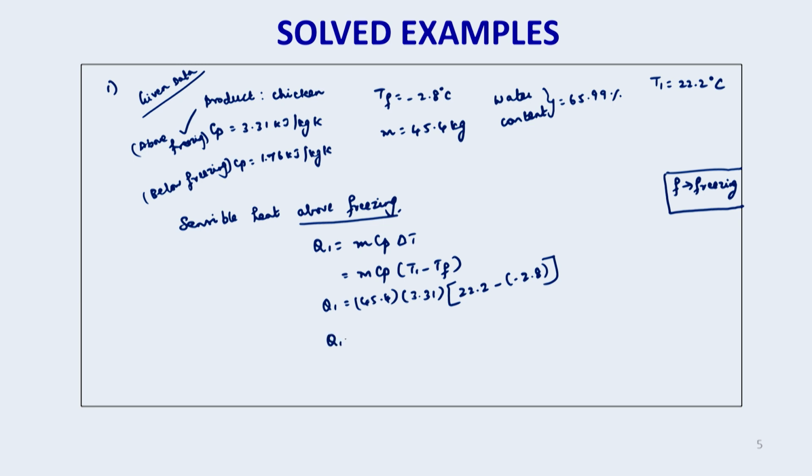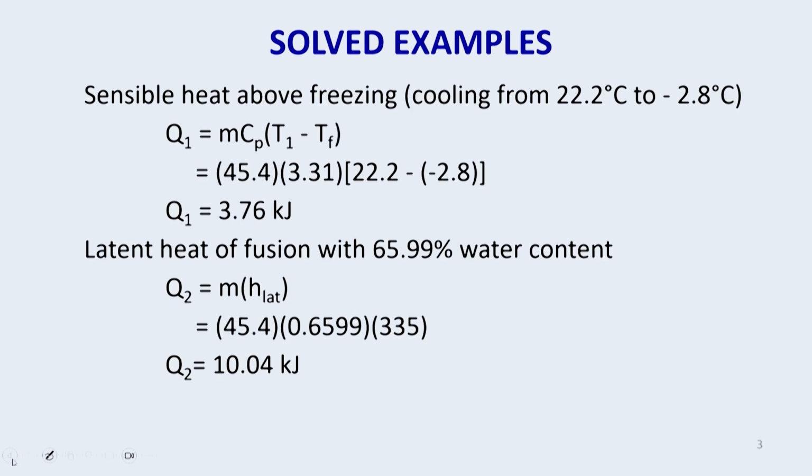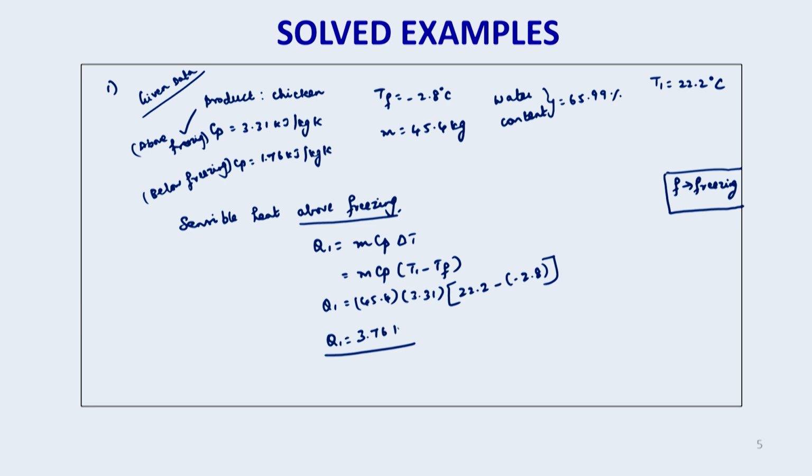So if we calculate the sensible heat load above freezing, this is cooling the chicken from the initial loading temperature 22.2 up to the freezing point, minus 2.8. The Q1 value is 3.76 kilojoule.